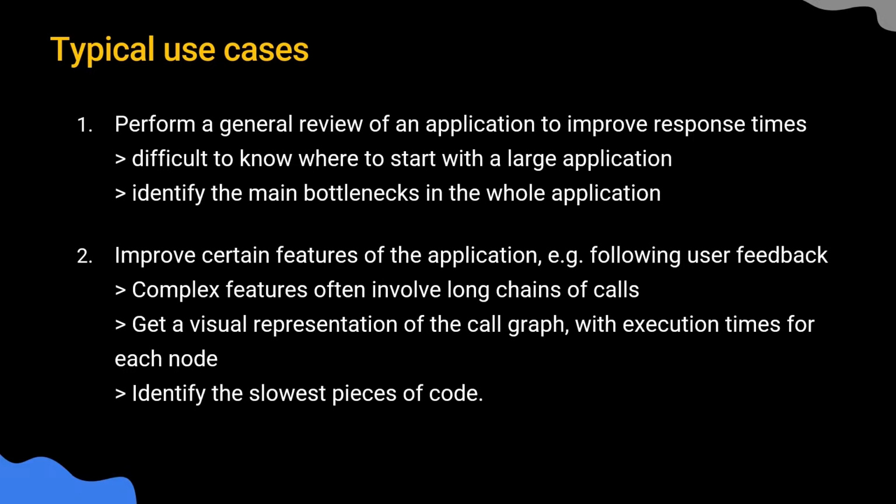And quite often, some complex features in the application involve a long chain of calls, functions calling each other or objects calling objects, etc. So here, what we will do with Visual Expert is get a visual representation of the call graph with the execution time for each node inside the call graph. Then you can pinpoint and identify the slowest piece of code. This is something we will see right away during the clicking.